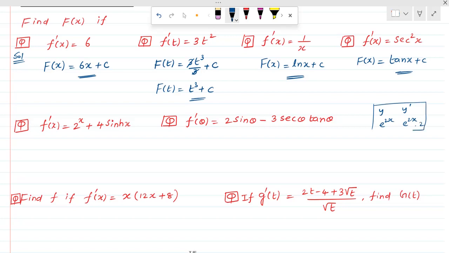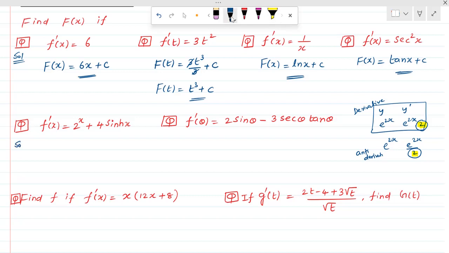Whereas in the antiderivative, this e power 2x is over 2. That is the only difference between the antiderivative and the derivative. This is the derivative formula and this is the antiderivative. So whatever is in the product, it goes in the denominator. That's it.